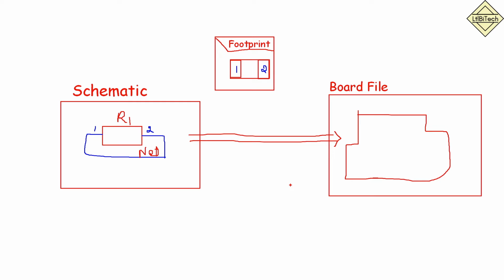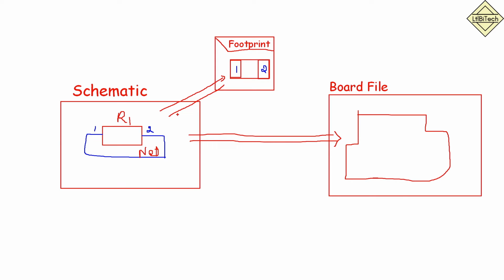Before switching we need to create a board file and board shape, but we also need to export the footprints as well as the nets which we have. This symbol will be replaced as a footprint on the PCB, and nets are replaced as rats on the PCB.